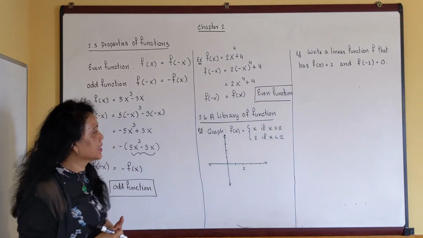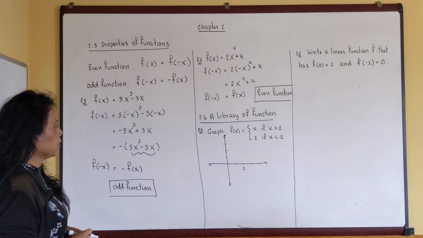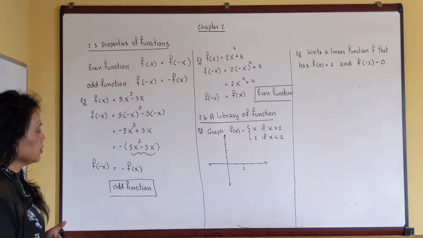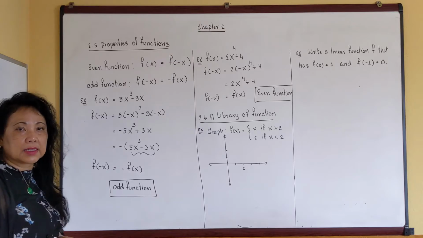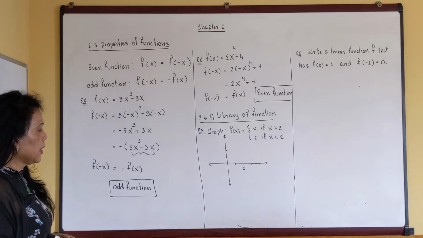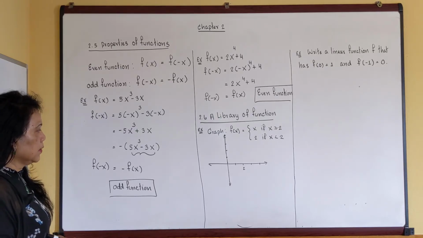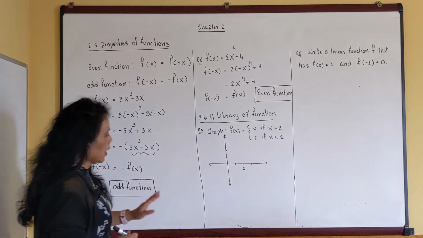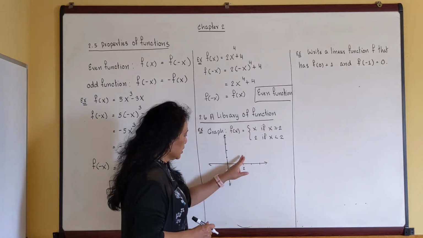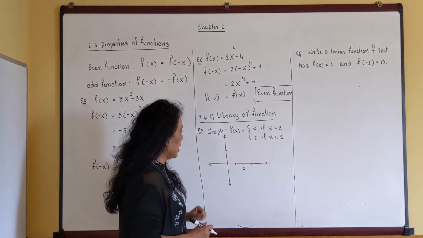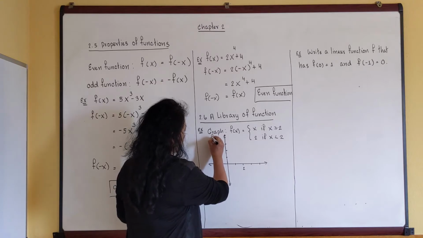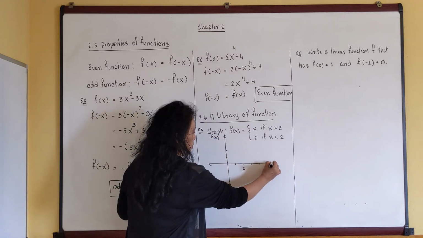Let's look at our next section, the library of functions. So they want you to graph this: f of x equal to x if x is greater than or equal to 2, and f of x is equal to 2 if x is less than 2. So you have a point here, 2. f of x is your y, and x is over here.